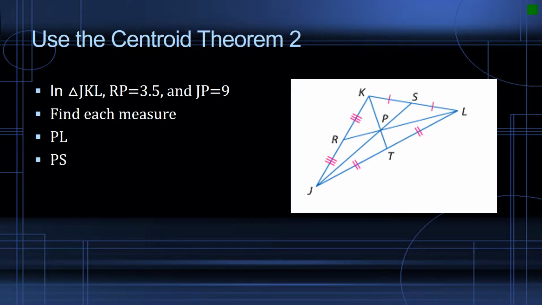And the point of intersection of those three medians is called the centroid. One of the interesting things about a centroid is that it is also the balancing point, or the center of gravity, for a triangle.